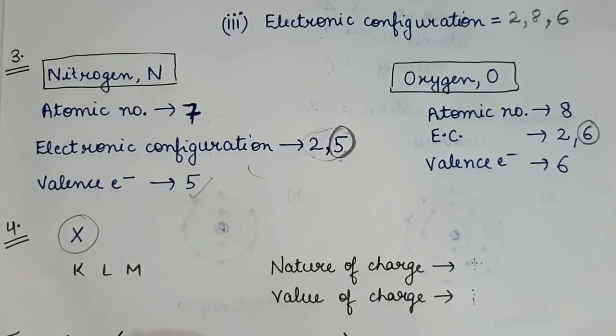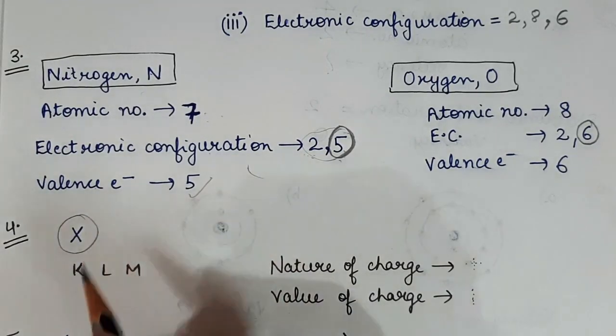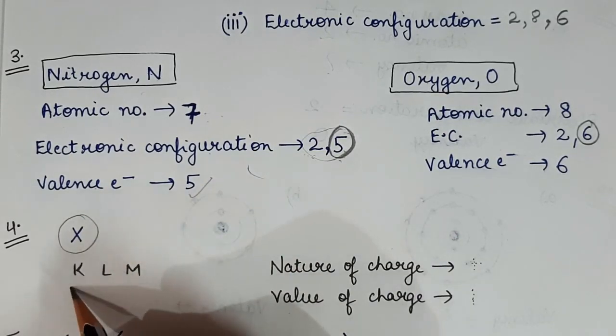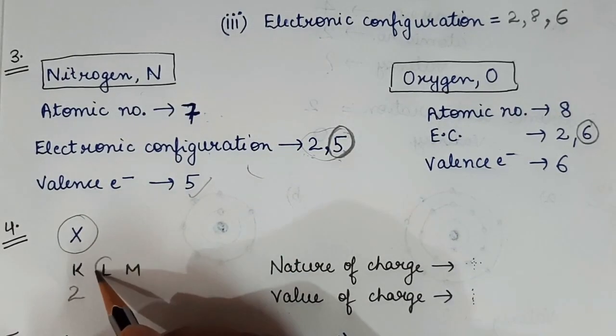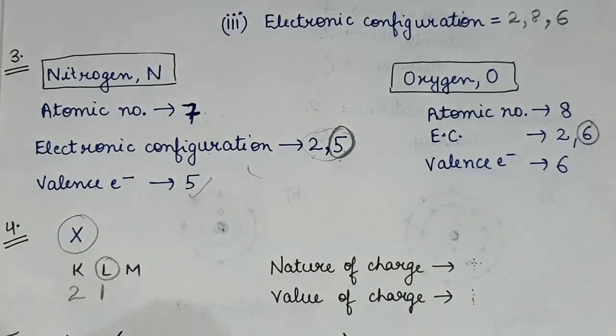Question number 4th is, one electron is present in the outermost shell of an atom of element X. Okay. One electron is present in the outermost shell. Suppose I take the outermost shell as L. Now only one electron is present in the outermost shell.